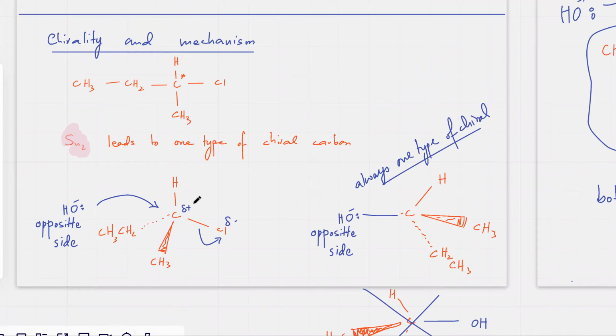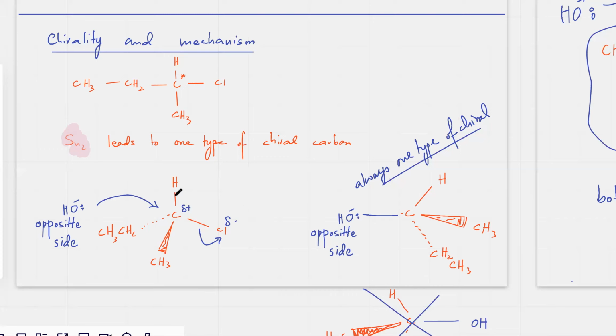So if you have a molecule that's chiral, this is the three-dimensional arrangement of an SN2 mechanism. Now, if you have a molecule that's chiral already, the OH minus 1 always attacks the carbon from the opposite side, because this side is negative.